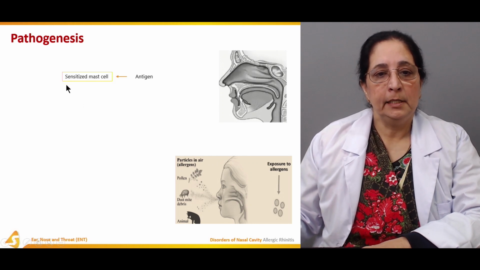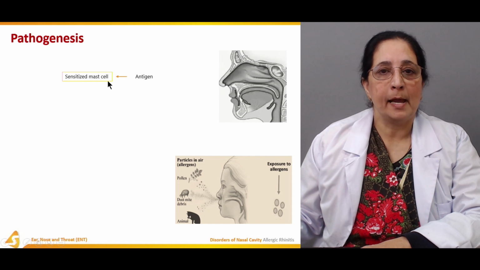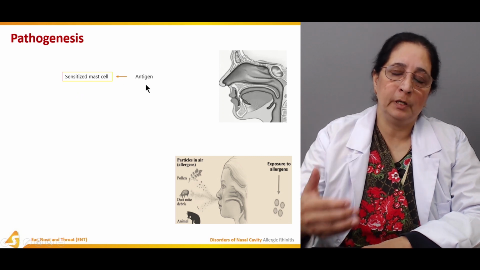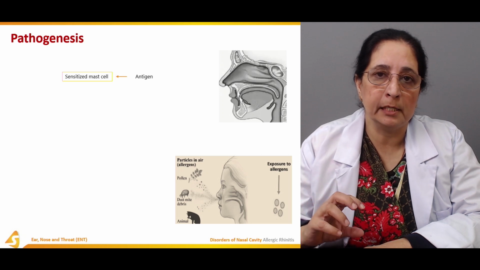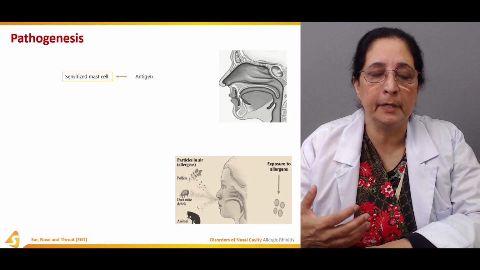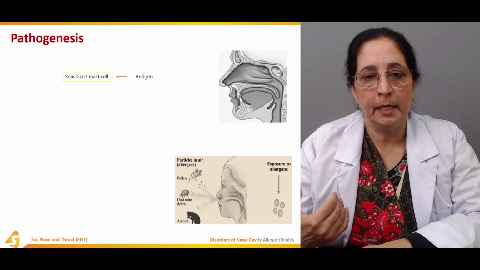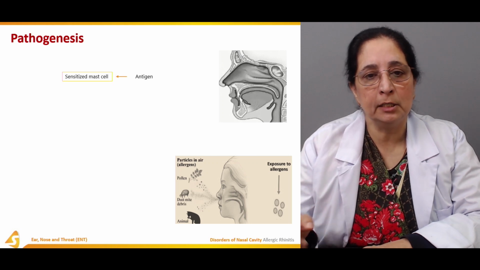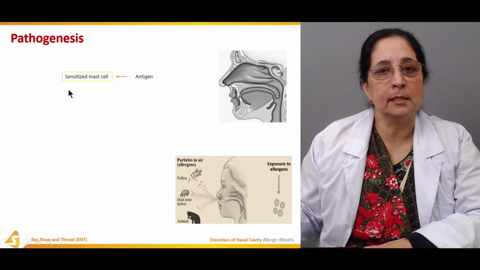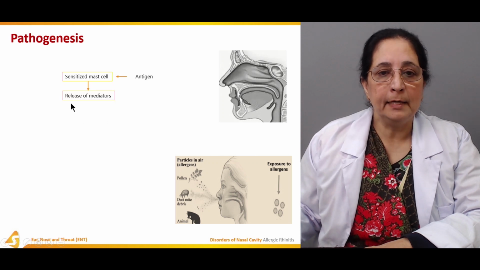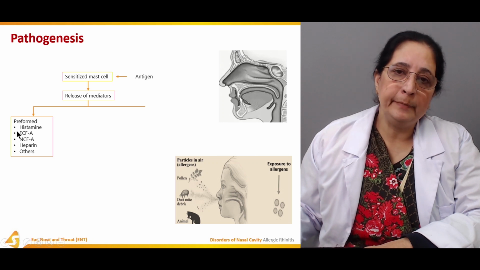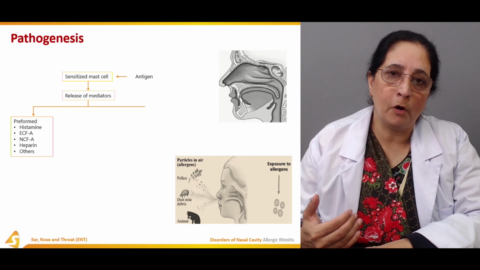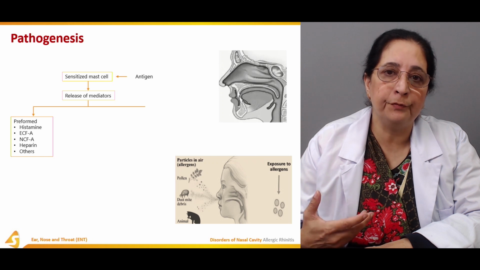Here again, these are the sensitized mast cells. As I mentioned, after the reaction between antigen and antibodies, the mast cells become sensitized and degranulated. So antigens sensitize the mast cell, with release of mediators, and usually the mediators are already formed in the mast cells, preformed.